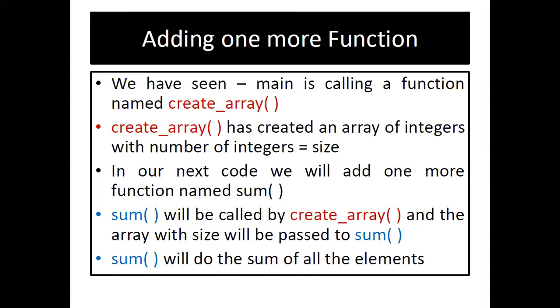Create array has created an array of integers with the number of integers equal to size. So in our next code, we will add one more function named sum. Sum will be called by create array, and the array with size will be passed to sum, and sum will do the sum of the elements.